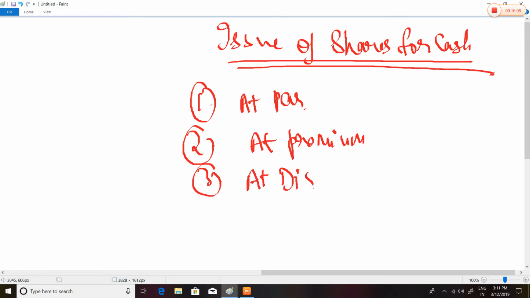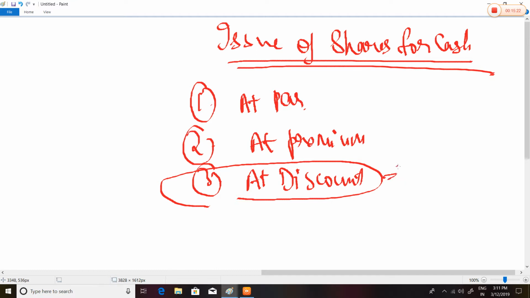Now you'll say that the Companies Act does not allow shares to be issued at discount. Okay, so this discount is in the case of ESOP, that is employee stock option plan.